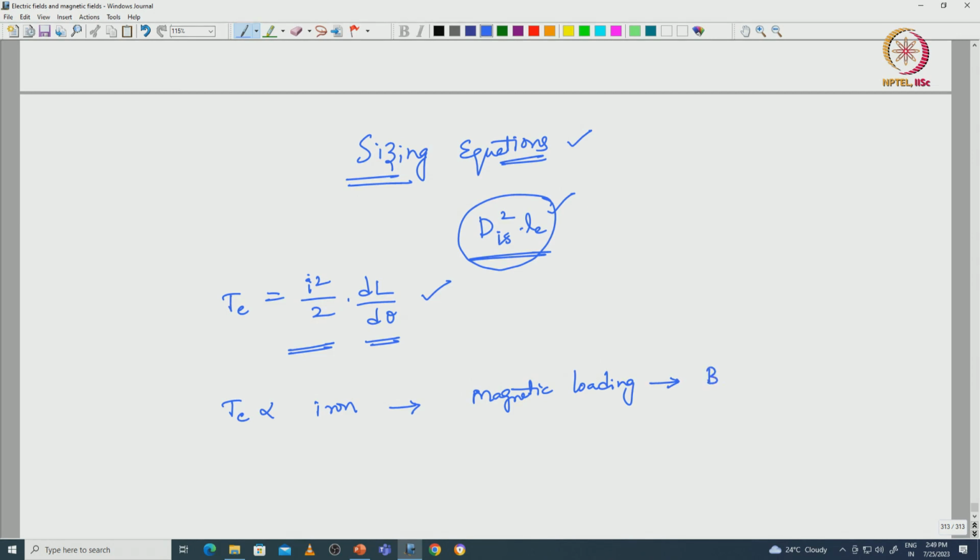So, the magnetic loading is nothing but B_g, flux density at the air gap, and it depends upon the saturation and type of material and losses, and also type of coolant and inductance variation.